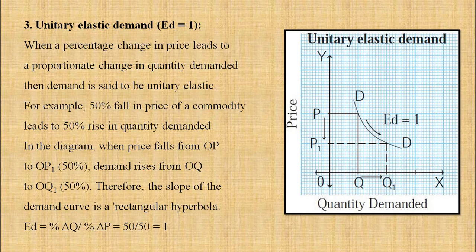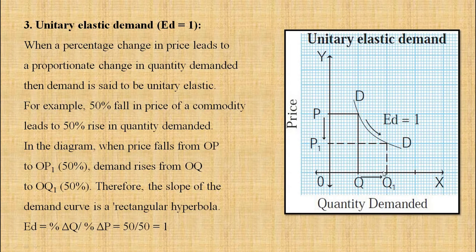Look at the diagram. Here OP is the original price and OQ is the original demand. Price falls to OP1, and demand rises to OQ1 in the same proportion. The change in price and change in demand are equal, right?